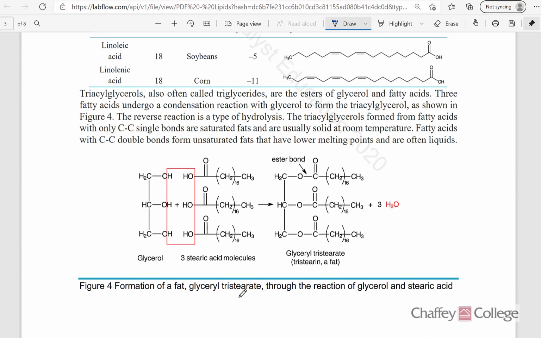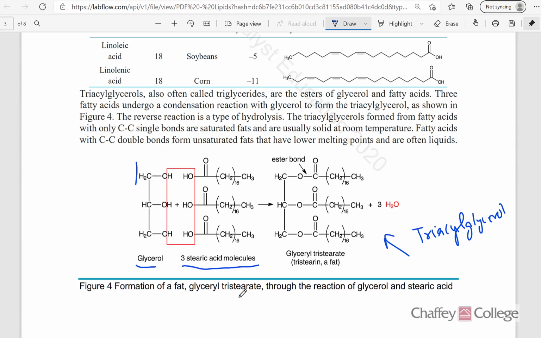One of the chemical properties we are going to look at in today's lab is the chemical reaction between glycerol and fatty acid molecules to create triacyl glycerol. So this kind of molecule is known as triacyl glycerol.